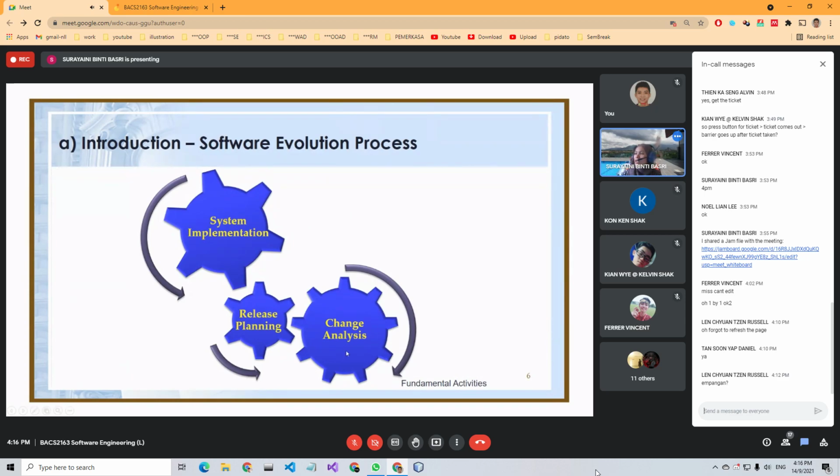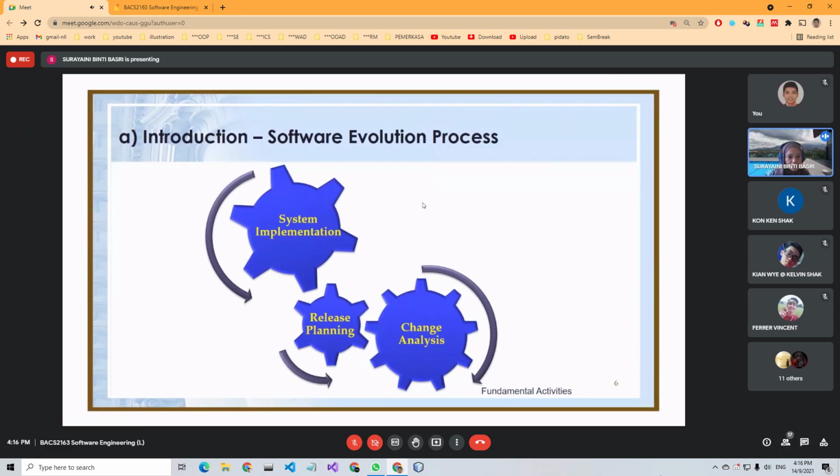After there is a trigger, there is the proposal of changes from an external entity, either the client who needs a new feature, or there are bugs in the system that need to be fixed. Any trigger from outside that requires the software company to amend the software can trigger a software change proposal.